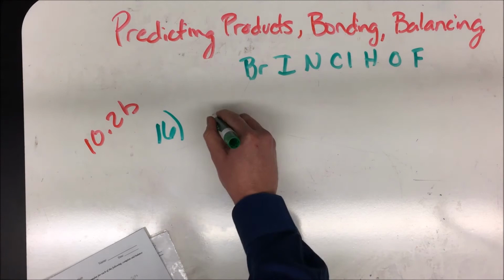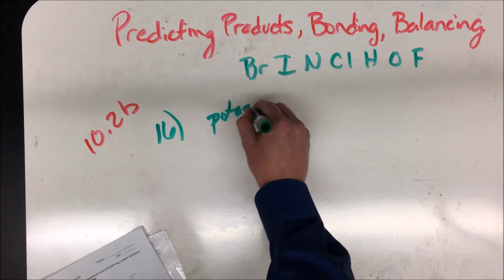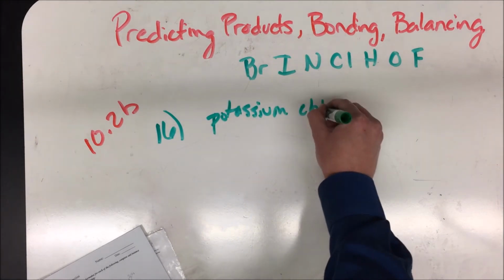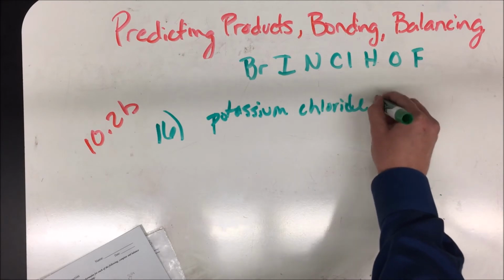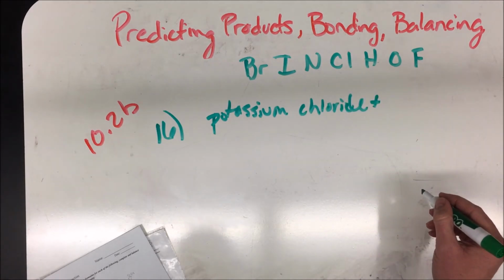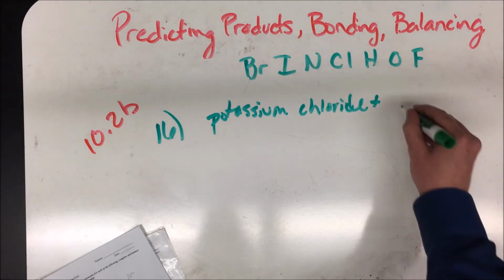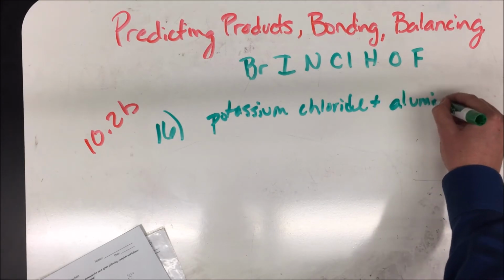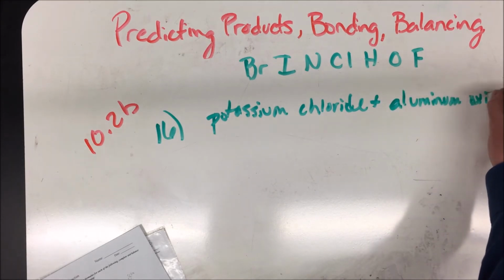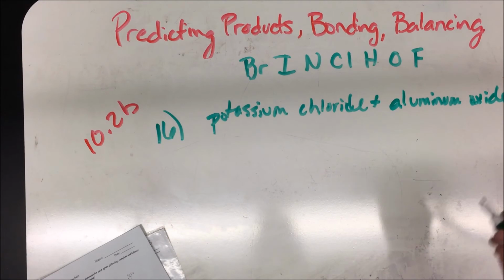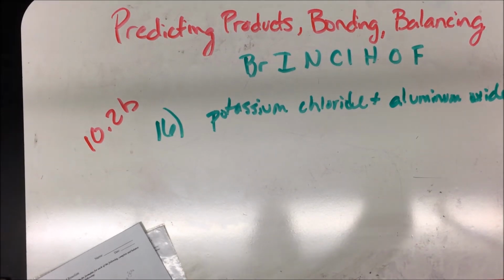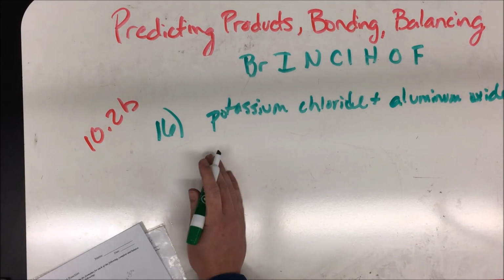16 says potassium chloride plus aluminum oxide. All right, so ultimately, sorry if you can't see that oxide very well. I'll move over a little bit so you can.